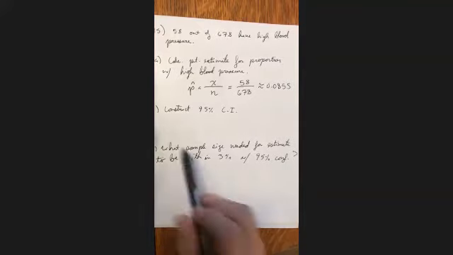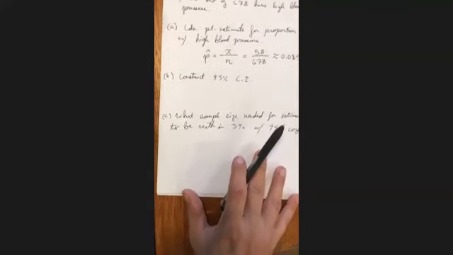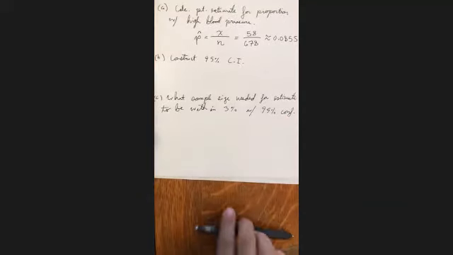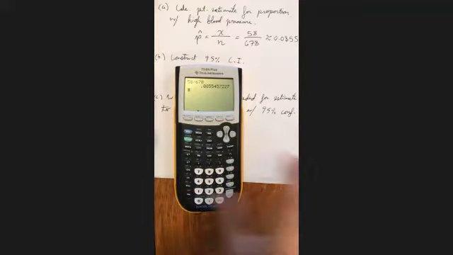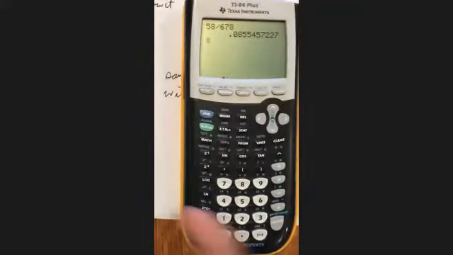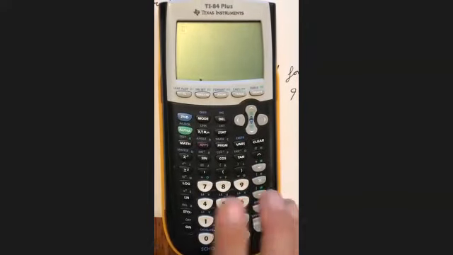Okay, now they ask us to construct a 95% confidence interval. Okay, so let me show you how to use the calculator to do that. So here we are working with proportions. That's the main thing to bear in mind.